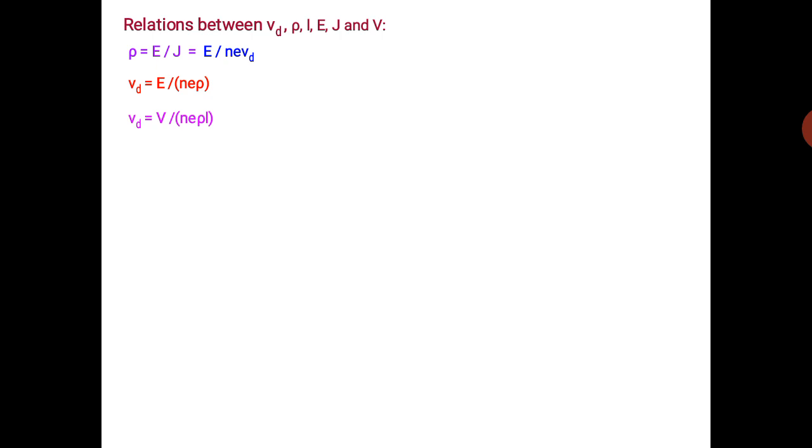And instead of E, we can write V by L. So, that is V divided by N e rho into L. So, current density is current per unit area, and E is potential difference per unit length.